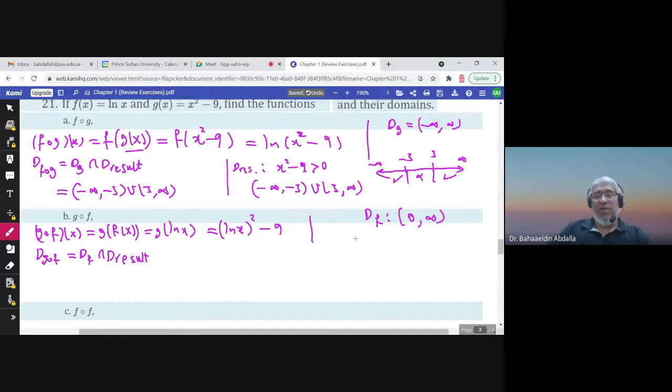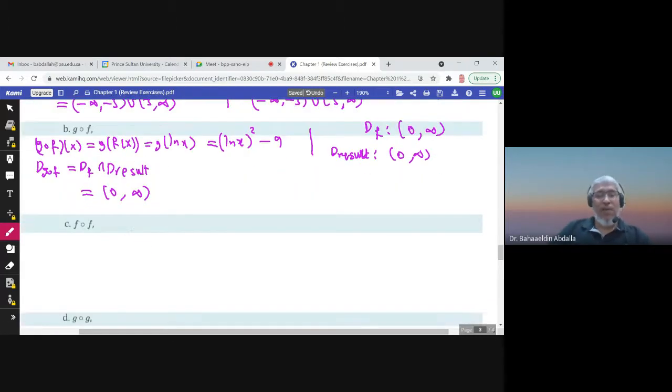For the result, we have (ln x) to the power 2, it doesn't matter. So we have ln x. So again, x should be greater than 0. So the domain is also from 0 to infinity. That's the domain of the result. The intersection would be from 0 to infinity. So this is the domain of g circle f.